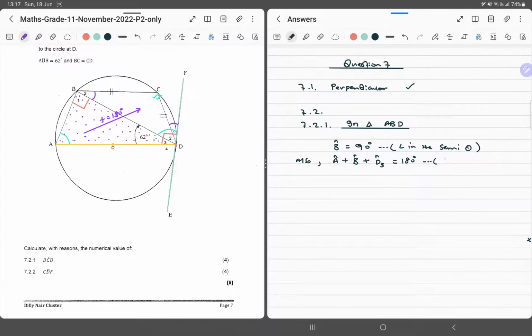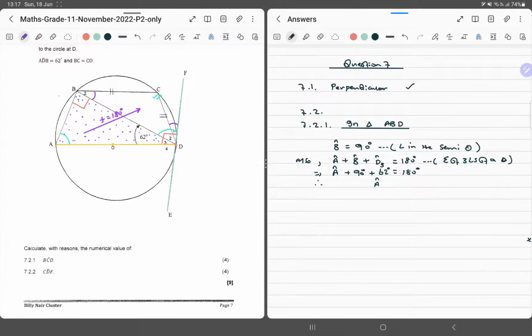Now again, what is the story there? This is the sum of the three angles of a triangle. We already stated what triangle we're talking about. This implies that angle A plus 90 degrees plus that D3, which is 62 degrees, is equal to 180 degrees.